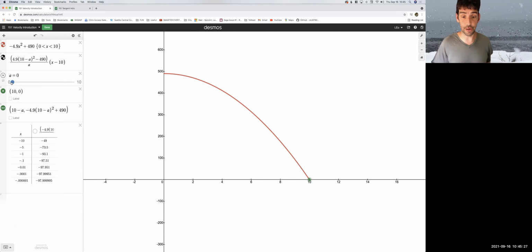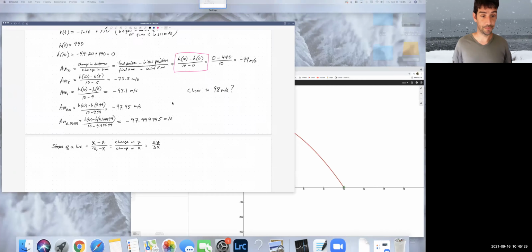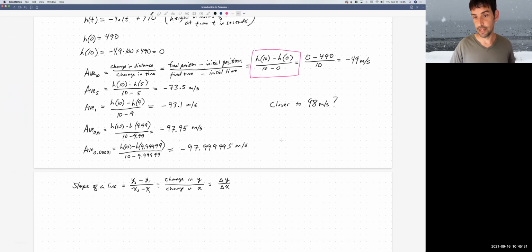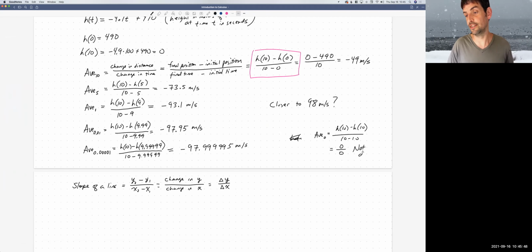Because a size 0 interval would mean we're doing h of 10. So if we do the average over a size 0 interval, we would do h of 10 minus h of 10 over 10 minus 10, which is 0 over 0, which is not defined.